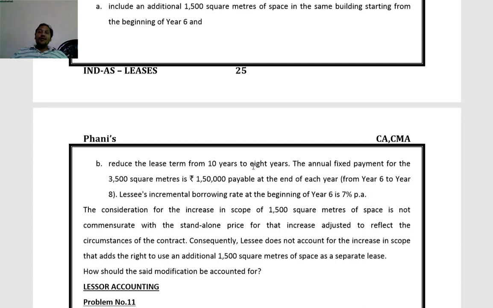The annual fixed payment for 3500 square meters is 1,50,000 at the end of each year, from year 6 to year 8. Lessee's incremental borrowing rate at the beginning of year 6 is 7% per annum.